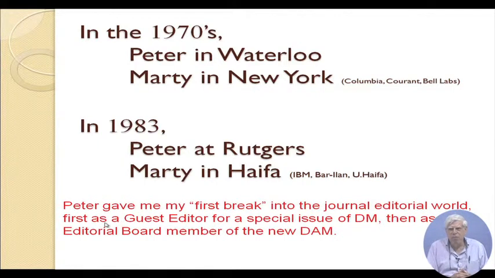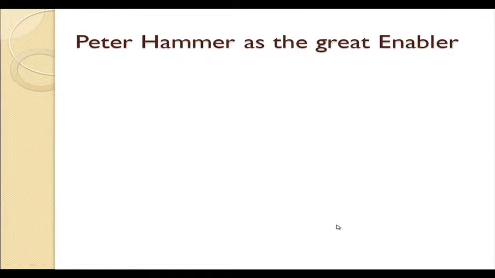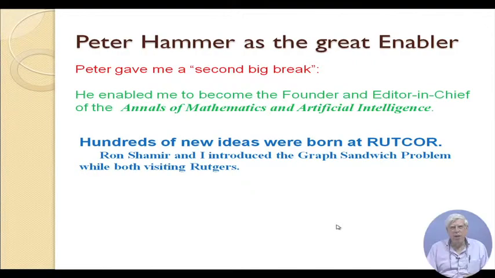Peter gave me my first break, so to speak, into the journal world. He asked me if I would be the guest editor of a special issue of Discrete Mathematics, and then that went pretty well. And so then he asked me to join the editorial board of a new journal he was forming at the time, Discrete Applied Math, and the rest is history. He was a great enabler.